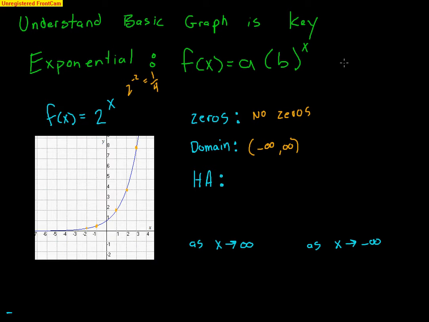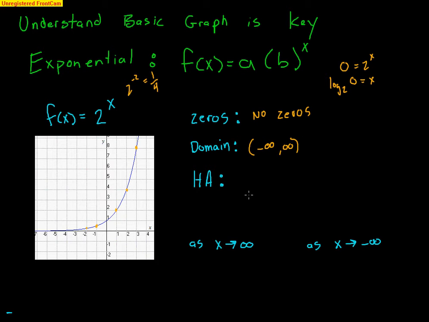If you try to set it equal to 0 and solve, you quickly realize that there is no x value. If I take 2 raised to that value, it will not get me 0. I could use logs if you wanted to. Again, the idea of logs is log base 2 of 0 equals x, and you'll realize that you cannot have zeros in logs. It doesn't make sense. There is no number that you could take 2 and raise to get 0. So that's why there are no zeros.